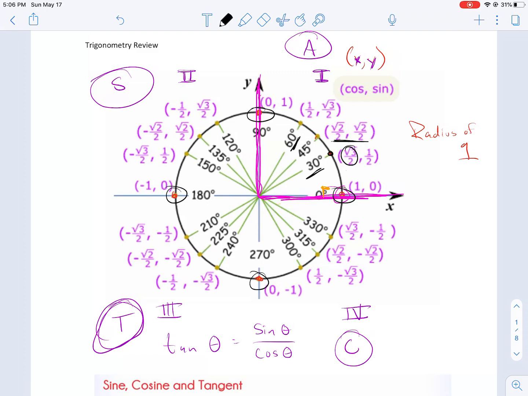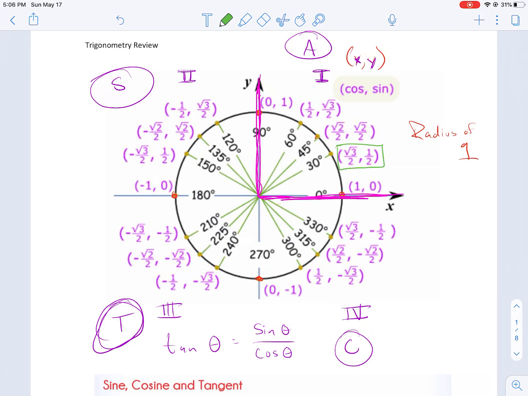Because what happens here is after you get up to 90, these values just start to repeat themselves, and then depending on what quadrant they're in, they just either become positive or negative. Okay, so I'm going to circle the ones that go with each other. How about in green here?